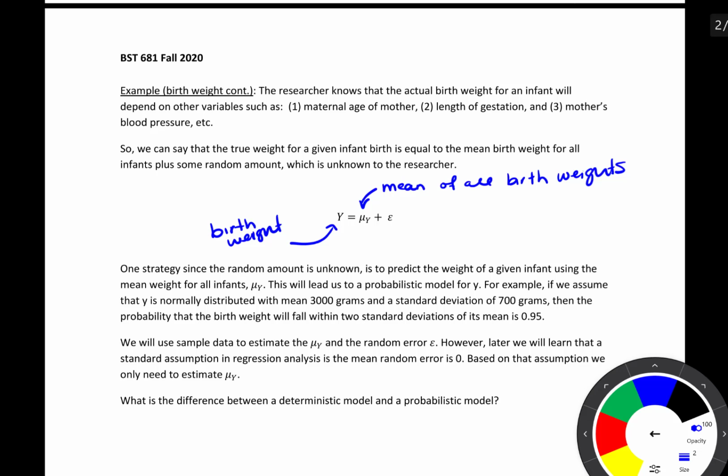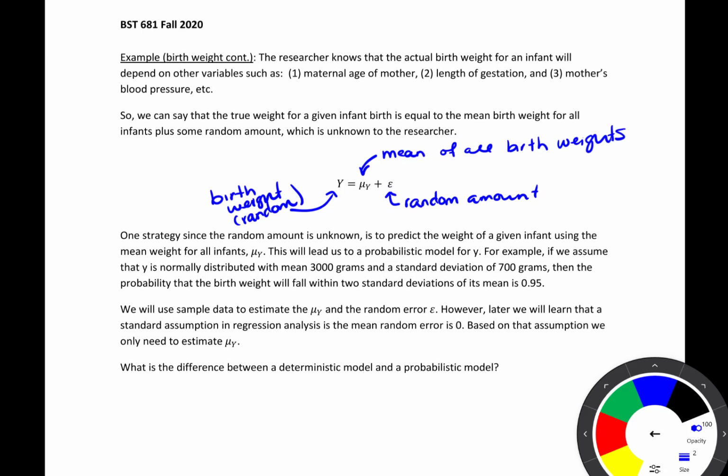And so this random amount we denote with the epsilon. And so the birth weight is this fixed mean amount plus this random component. So therefore birth weight will also be random, because what the actual birth weight is going to be will depend on what that random amount is.